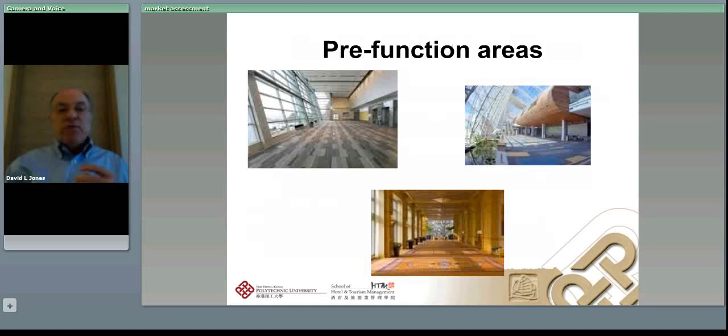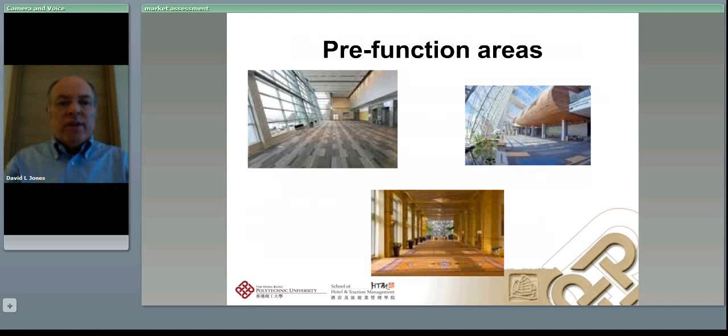Look at pre-function space here. Take a look at these photos. As I mentioned, sometimes this can be an oversight, that we don't think about this. Within the walls of those rooms you see the rentable space. The pre-function area, on the other hand, is not always rented.